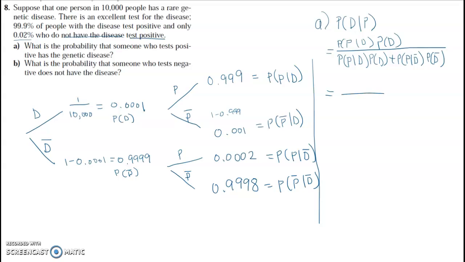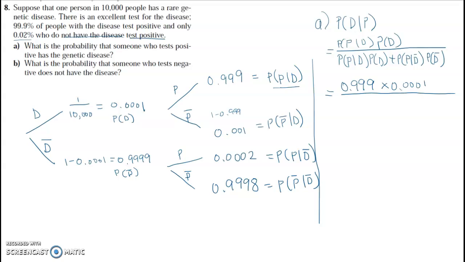The rest is pretty much simply plugging in the numbers. So probability of positive given D, we're looking at this, which is 0.999. This should be multiplied with those people who have the disease, which is 0.0001.